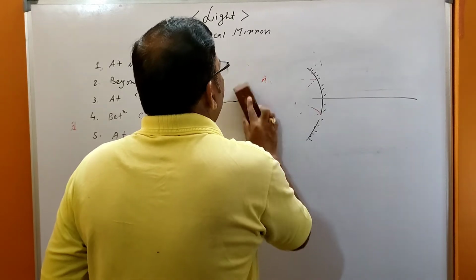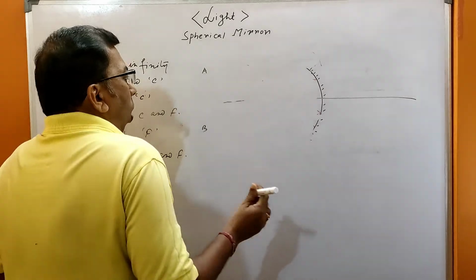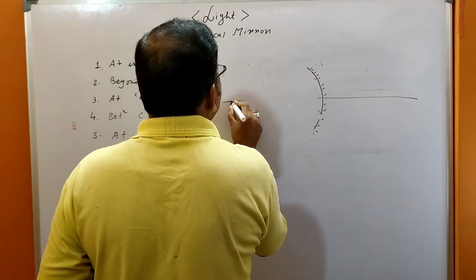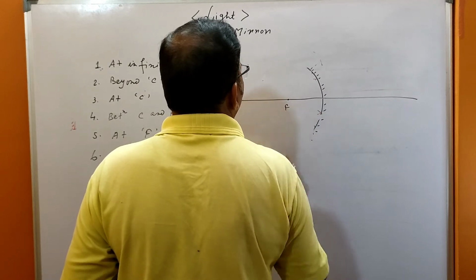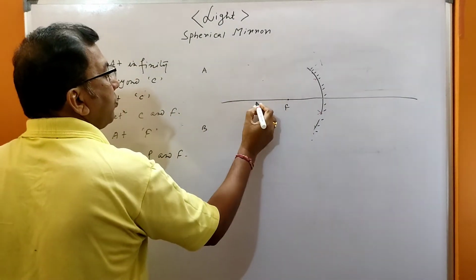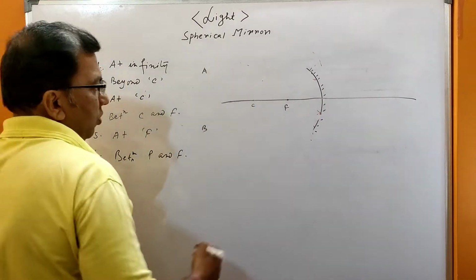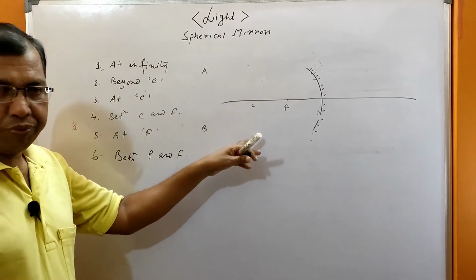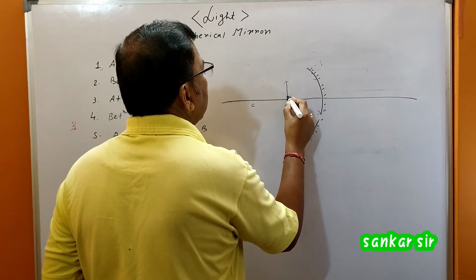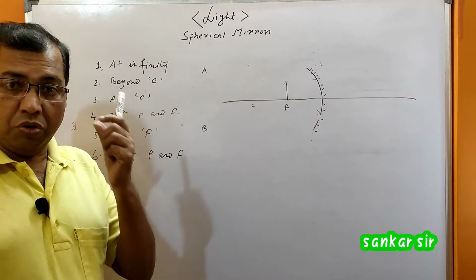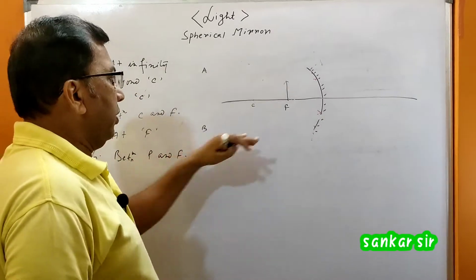Now I am discussing another thing. Suppose that F, when the object is at F, at the focus, or in between focus and pole.